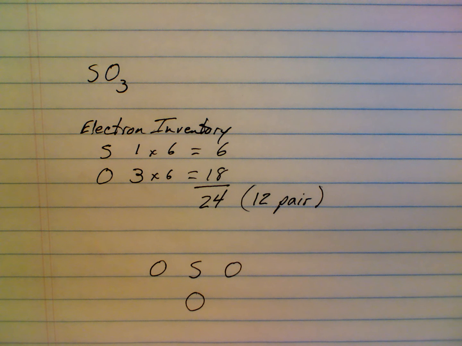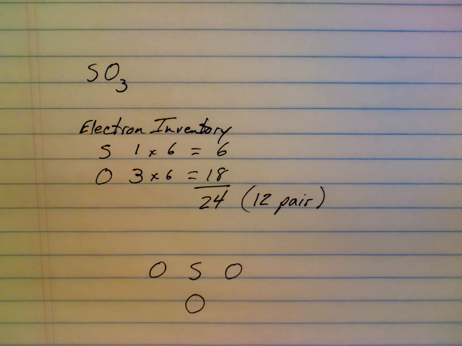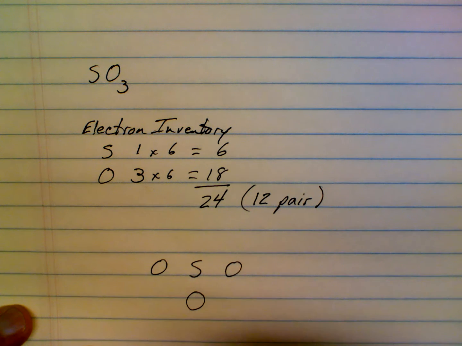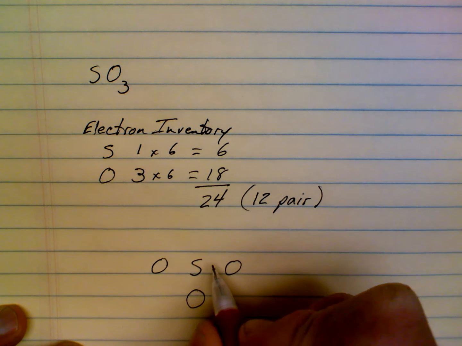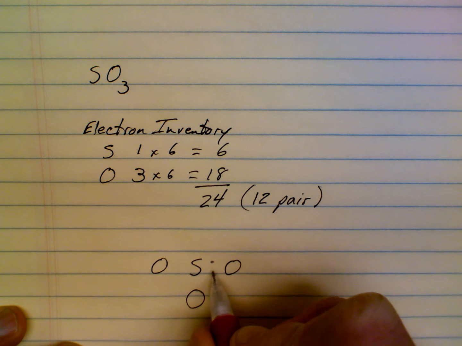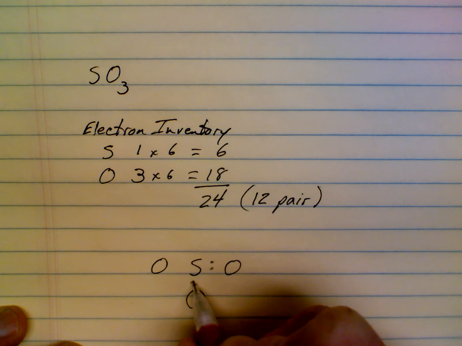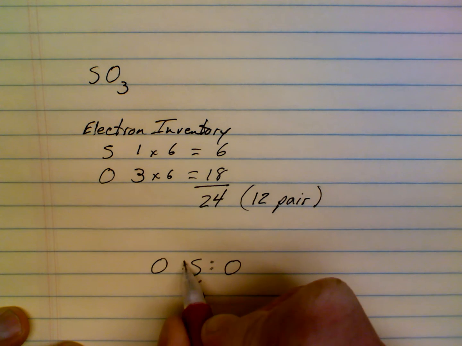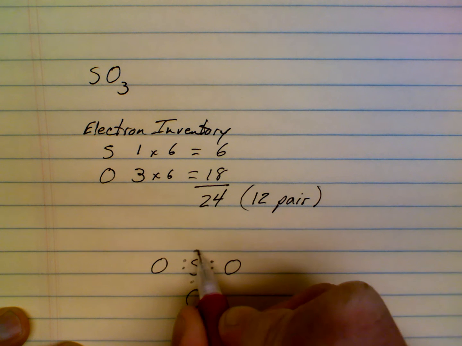So now what you want to do is place those electrons in pairs around this so that we have an octet around each element. So we need 8 dots around each to form an octet. And I always suggest that you start first with the central atom. So I build my octet around my central atom here.